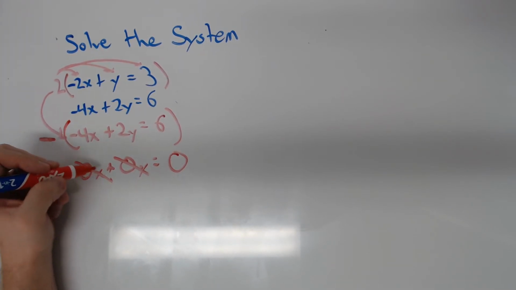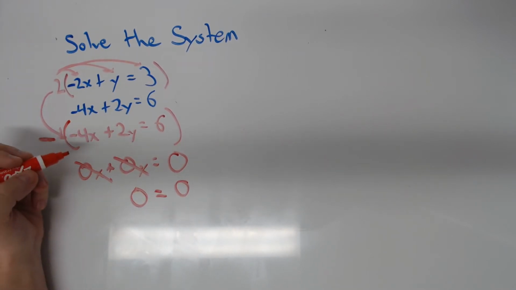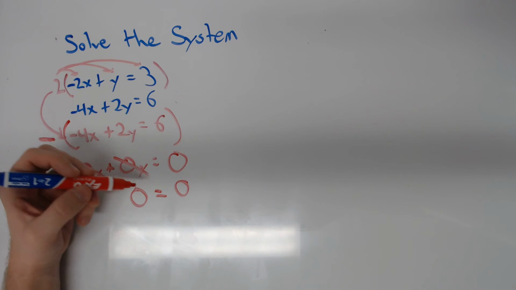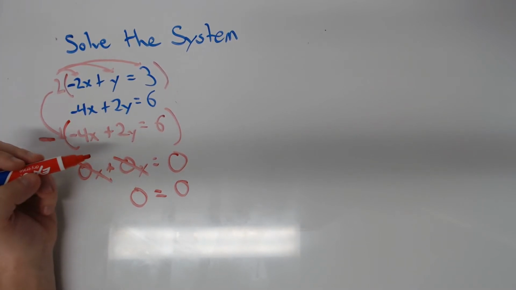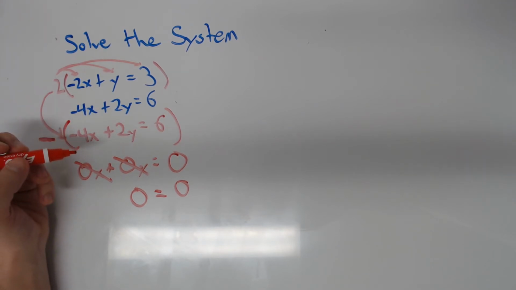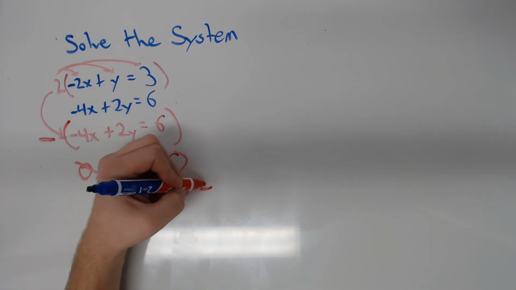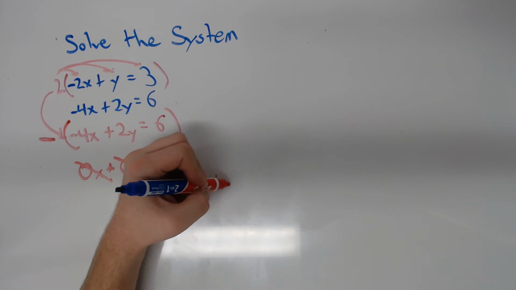Those cancel out. 0 times x plus 0 times y. Well, that's just 0 equals 0. All right, this means that there's always going to be a solution for x, which means that no matter what x I plug in, I'll find an ordered pair that works. That can only happen when the lines are on top of each other. This should look familiar from chapter 1 as well. Infinite solutions.